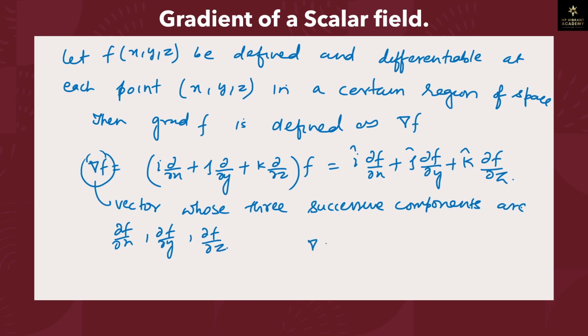The gradient always applies on a scalar point function, and the result is a vector quantity. But in the case of divergence, it is applied on a vector point function, and the result is a scalar quantity.